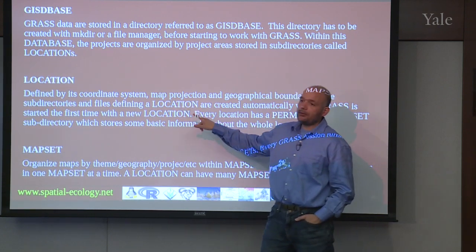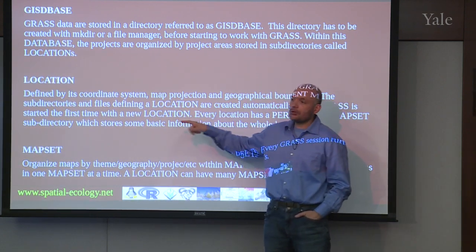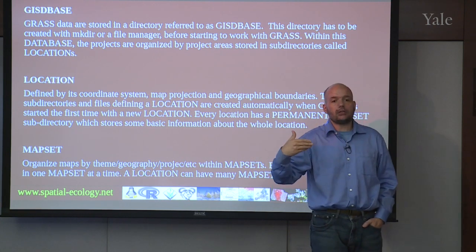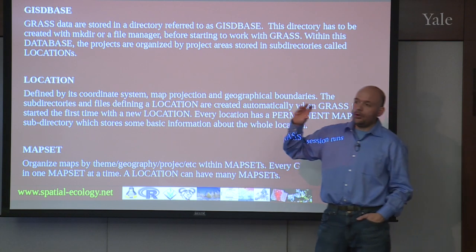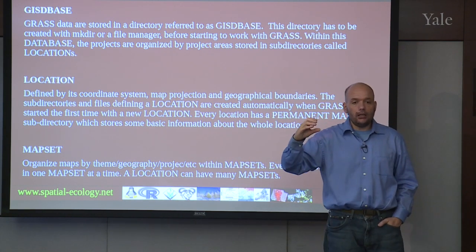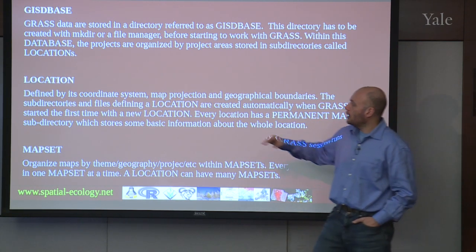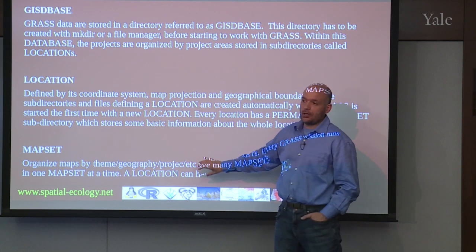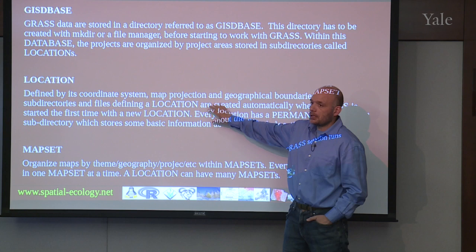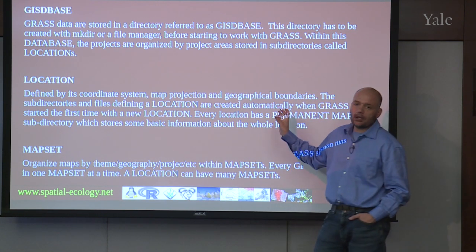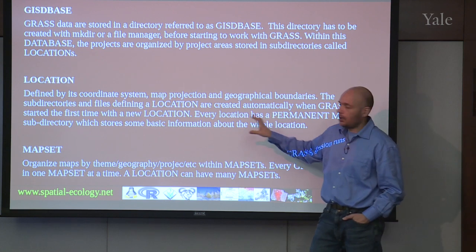So you can have a location for each single map projection that you are using. So this allows you to have different files under different projections in each one of the different locations. So you can work, for example, in the United States under NAD, and in Europe under LAEA, another projection, okay?